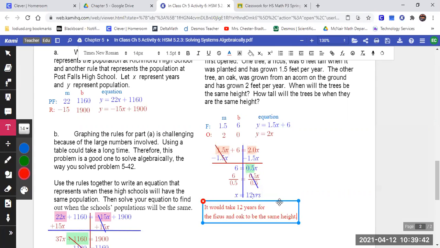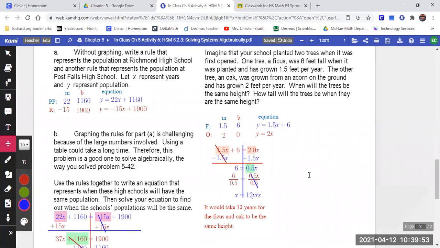Okay. Which one are we going to use to find the height? And which one are we going to use to check? Because remember, we have to use both. Ficus for height. Ficus for height. And oak for check.